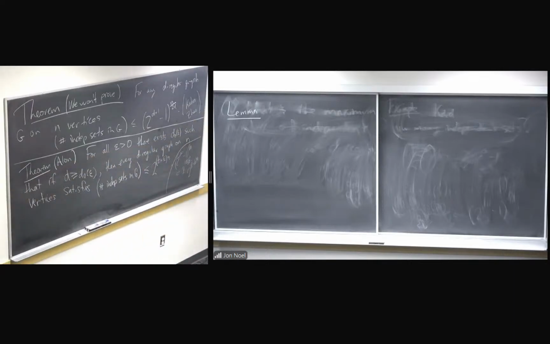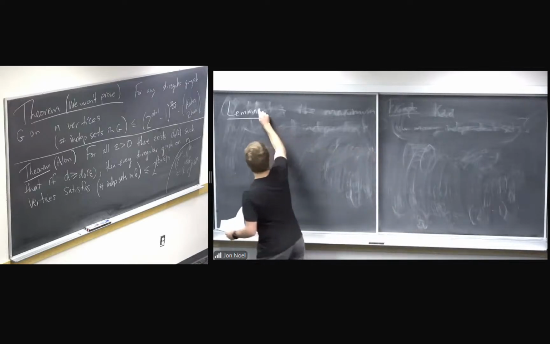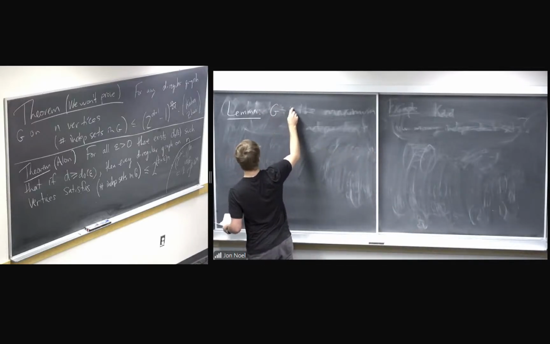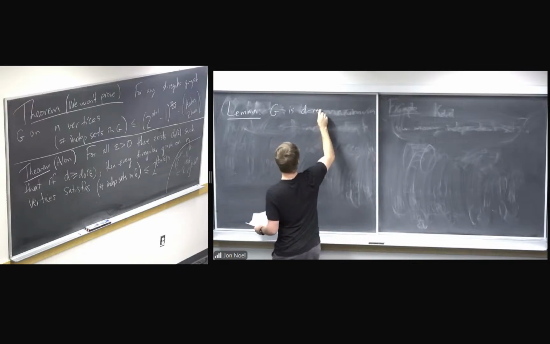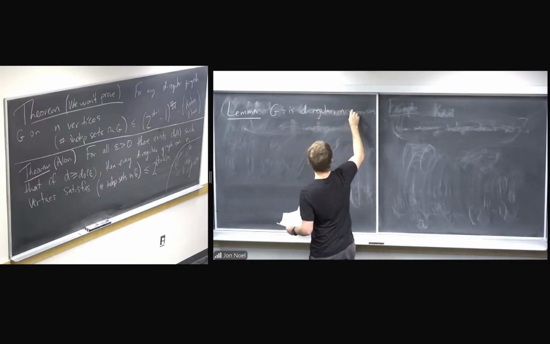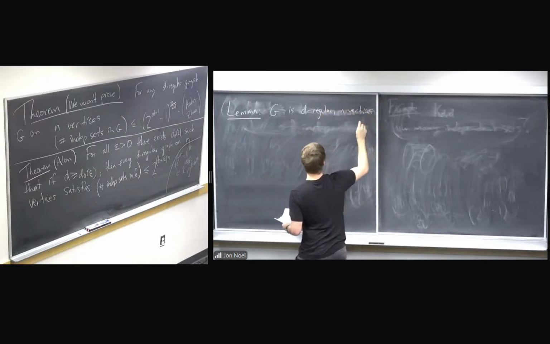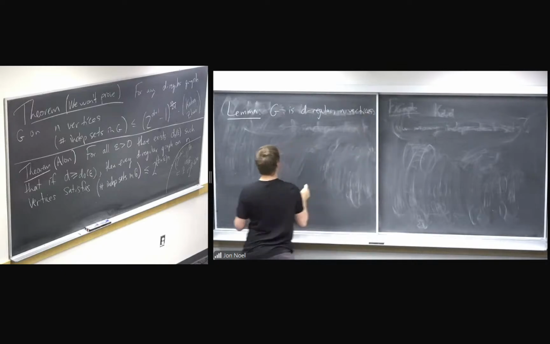So let's say, again, G is d-regular on n vertices.